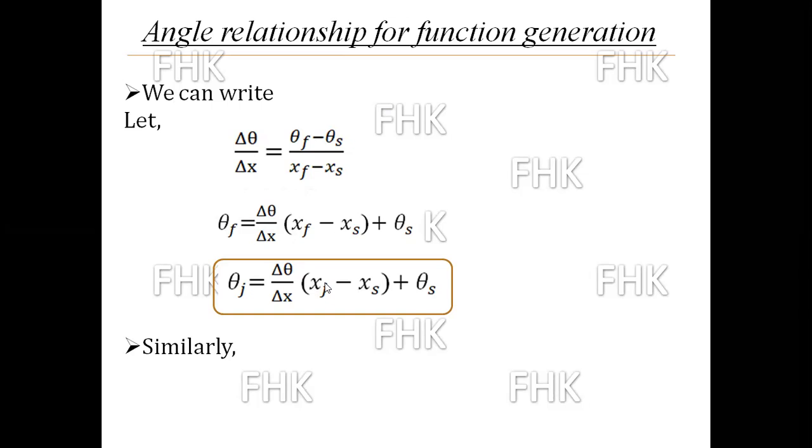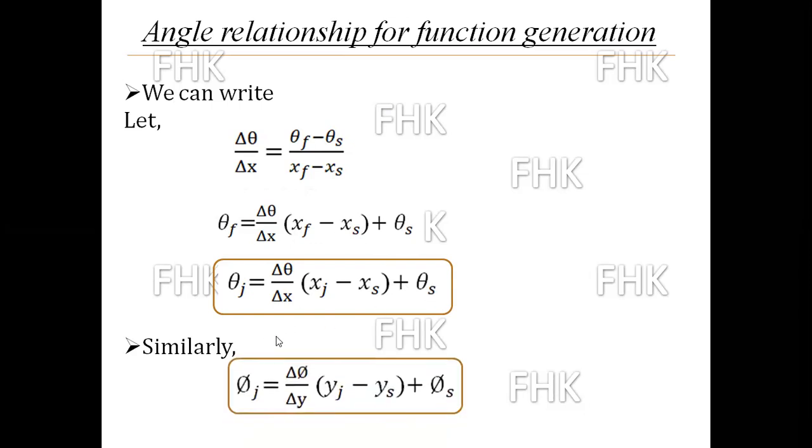So xj minus xs, starting, plus theta starting. So remember this formula while solving the numericals. Theta final or theta at j is equal to delta theta divided by delta x into xj minus x starting plus theta starting.